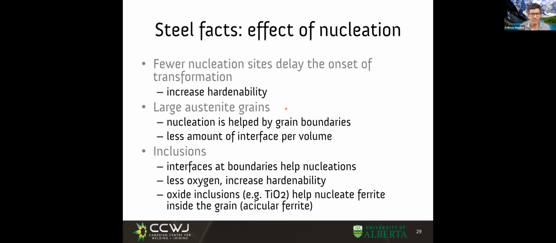Most people believe that they nucleate ferrite at this interface between the original austenite and the titanium oxide, right? And this is so much so that welding consumables often have titanium to create this titanium oxide that nucleates this ferrite.